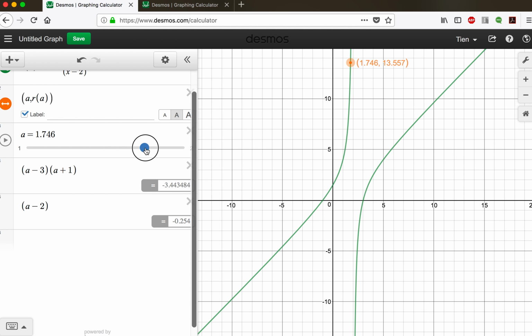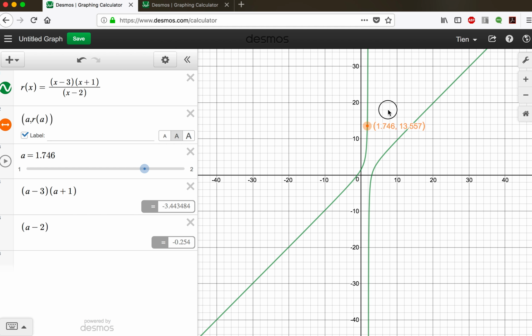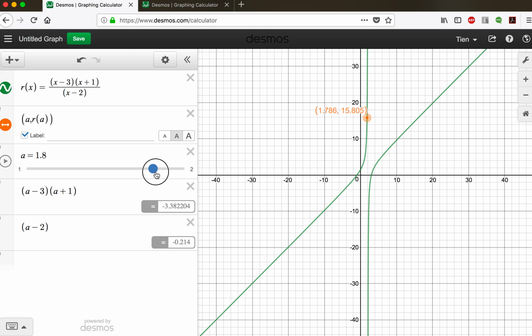And as the whole thing gets bigger and bigger, this thing starts to zoom up towards positive infinity. All right? At this point, this thing's pretty close to negative 3, and this thing's pretty close to 0. But since they're both negative, when I take their quotient, it's positive, and since the magnitude of this thing will be large, it goes out to positive infinity.